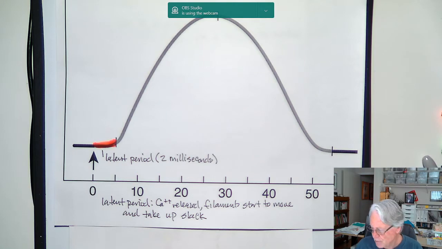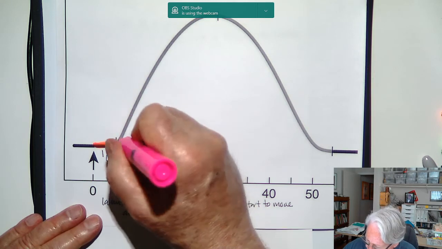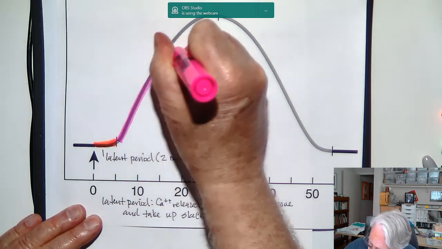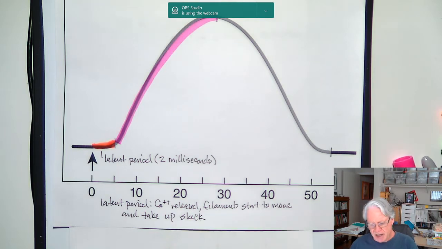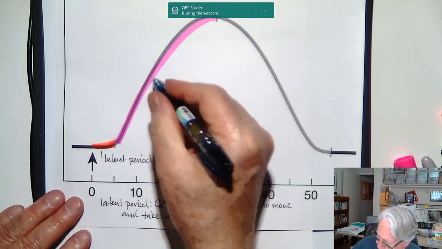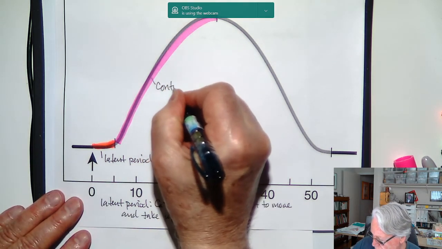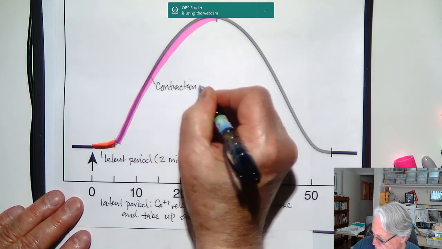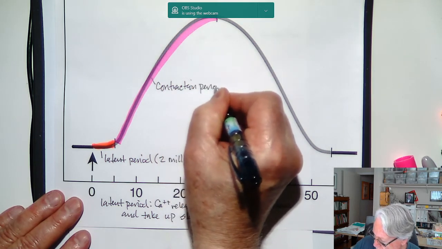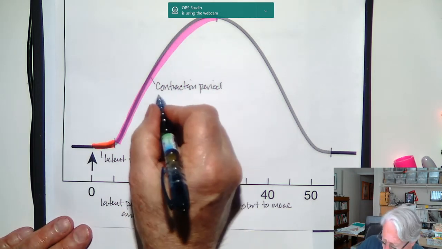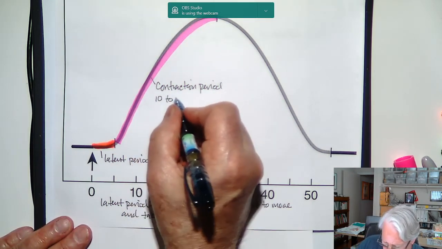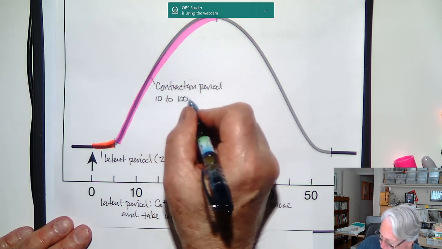Okay. And then the next period that you see here is this period, and that is the contraction period. The contraction period can last anywhere from 10 to 100 milliseconds.